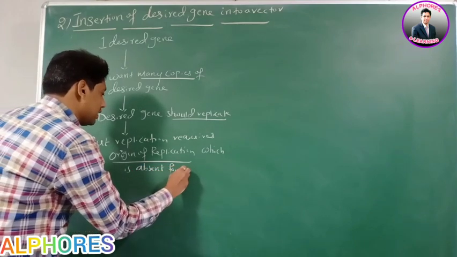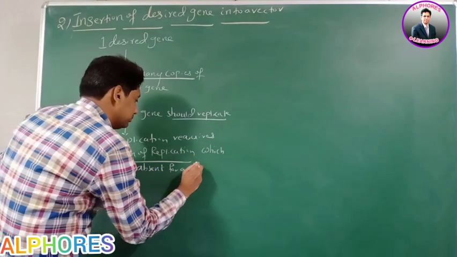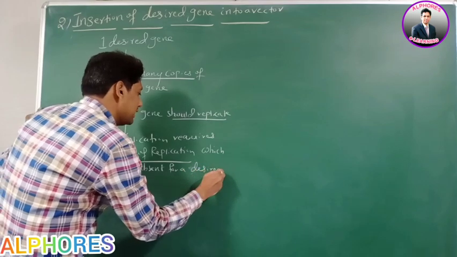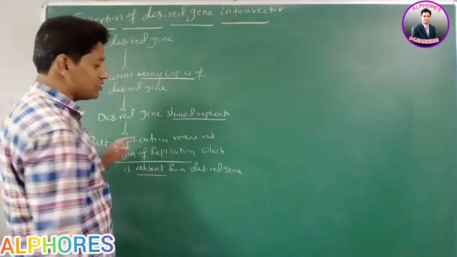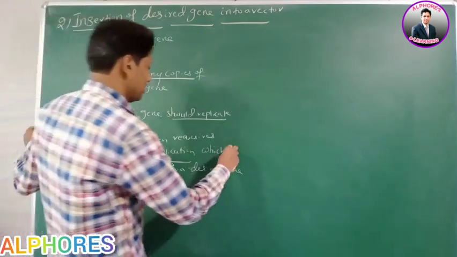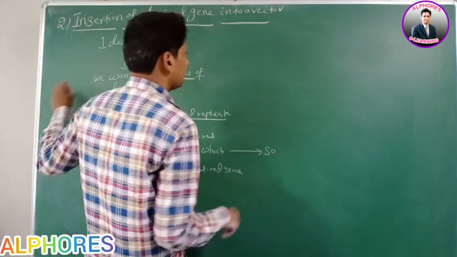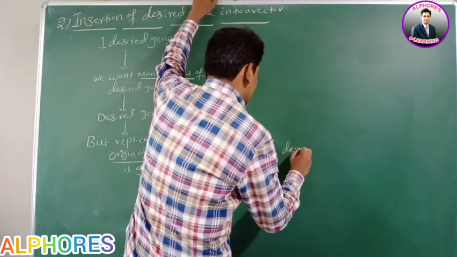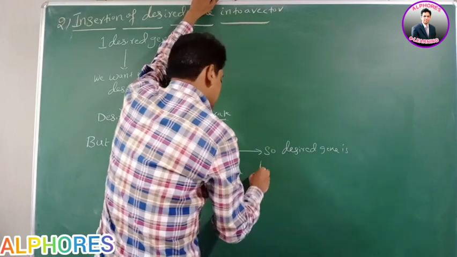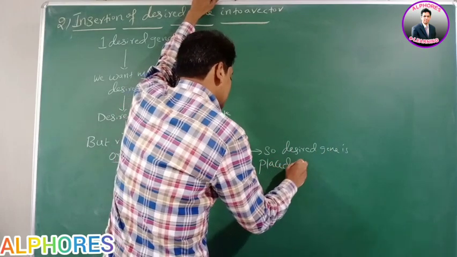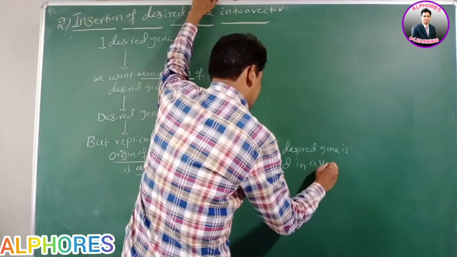For a desired gene, does it have an origin of replication? That desired gene does not have an origin of replication. So what are we doing? The desired gene is placed in a vector.